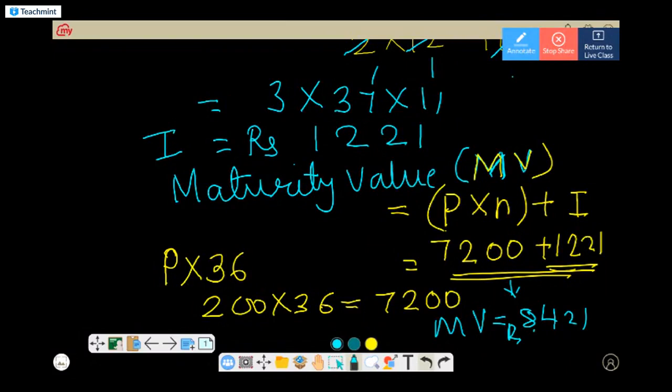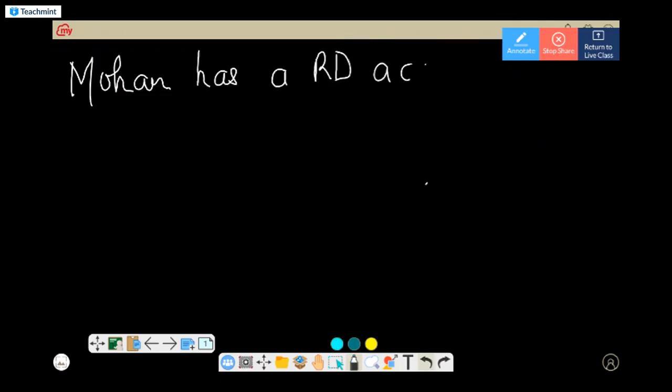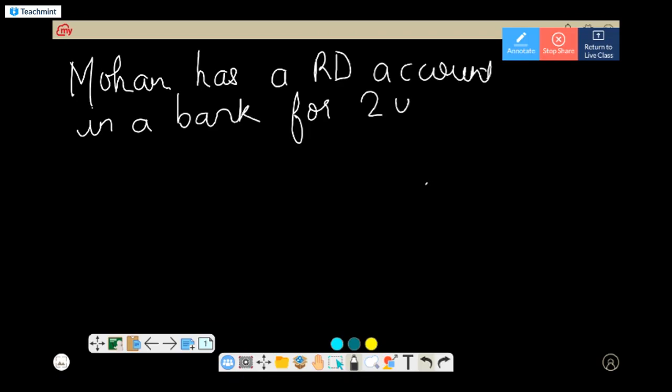Okay, that is clear. Done writing, everyone? Okay, let's take one more question. So the question is, Mohan has an RD account in a bank for 2 years at 6% per annum simple interest.